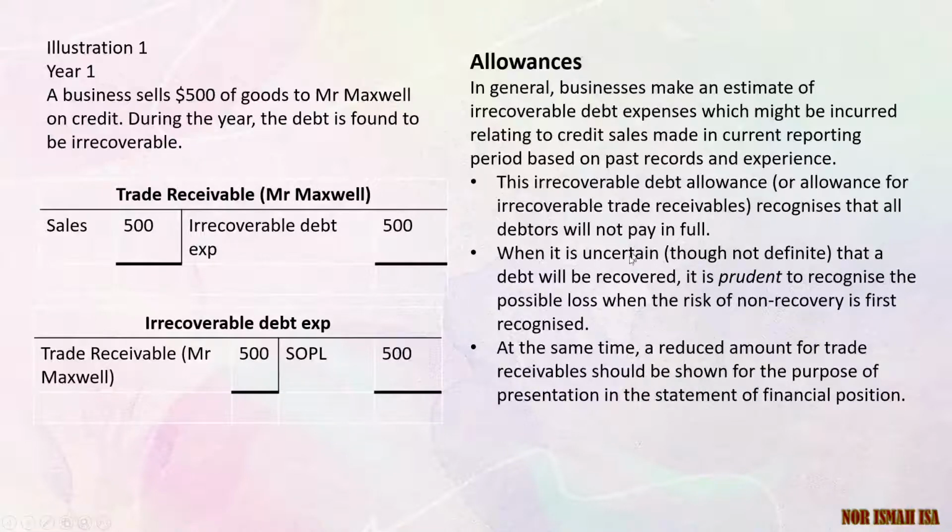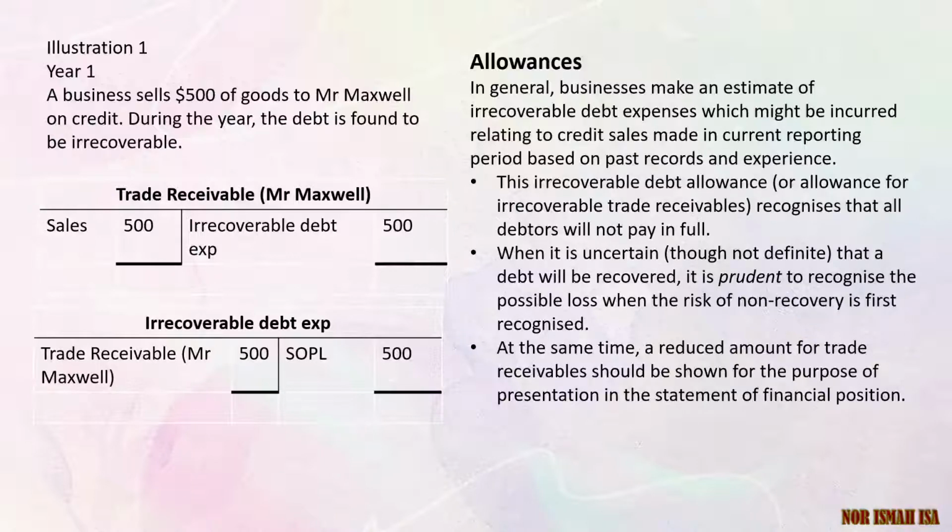So the allowance for receivable is an allowance made on an estimated amount for the receivables. This allowance for receivable is the amount estimated that the debtors are expected not to pay.